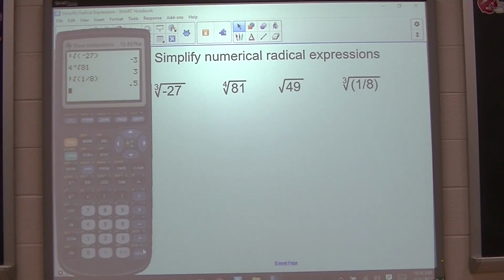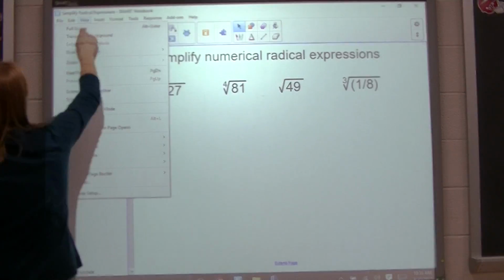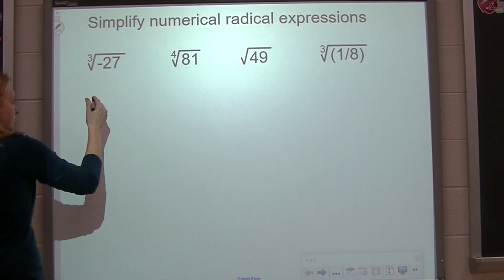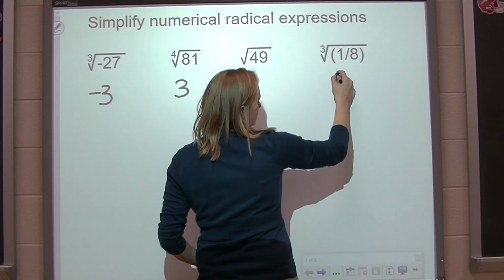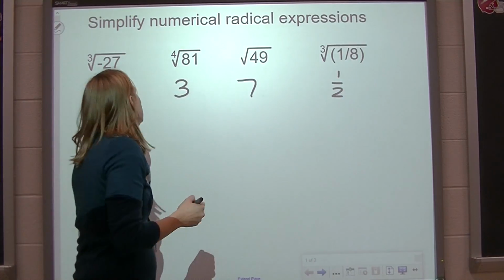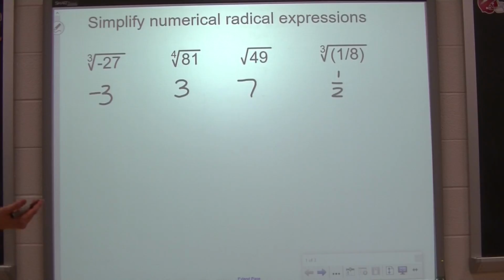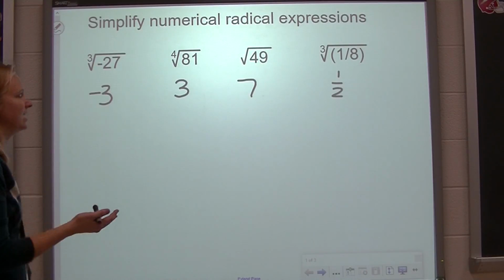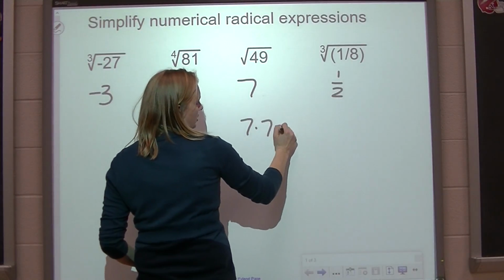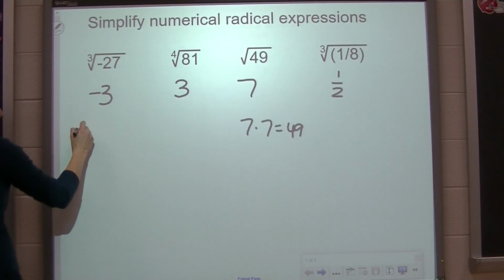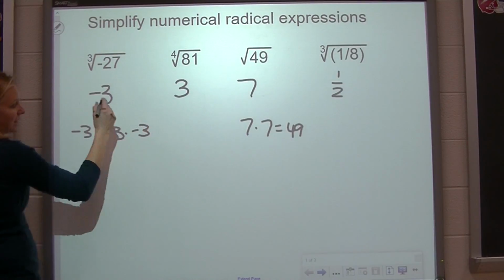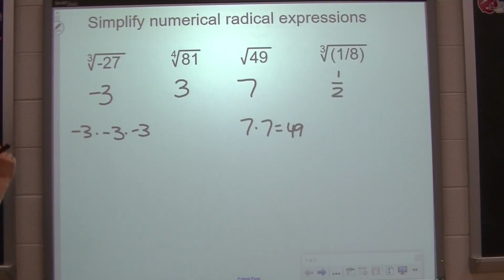So let me talk about how we're getting those, and I'm going to include 2 different lessons with this. This was -3, this was +3, this was 7, and this was 1/2. So why is that happening? Just like the square root of 49 is 7 because 7 times 7 equals 49, the cube root of -27 is -3 because -3 times -3 times -3 equals -27.